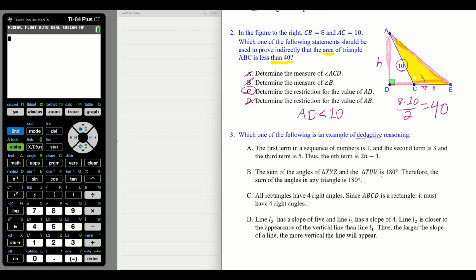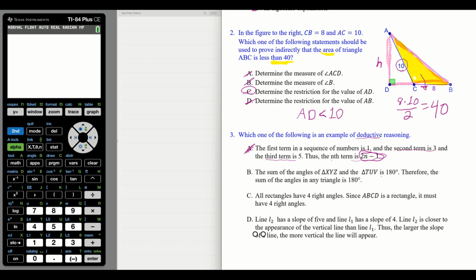All right, so A: the first term of a sequence is 1, the second term is 3, third term. Those are details. So then, thus the nth term, that's general. So that's going backwards. That's actually inductive reasoning, which is the way they want us to teach these days. So no, that's not it.